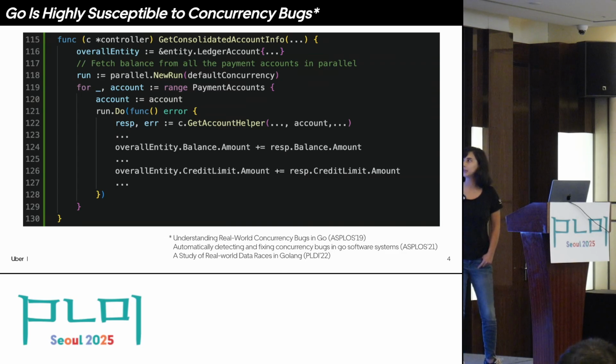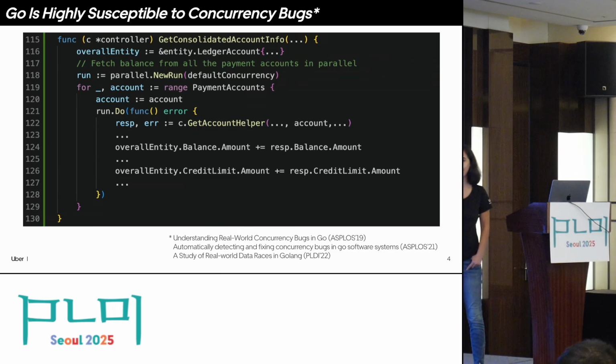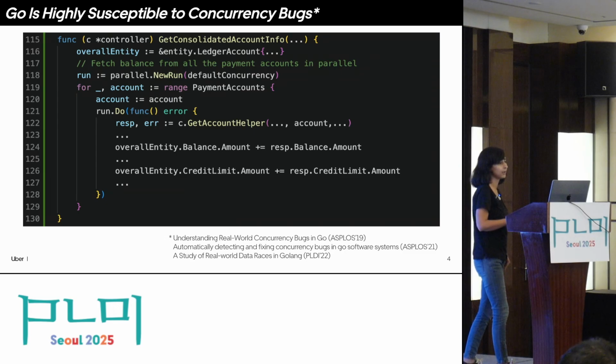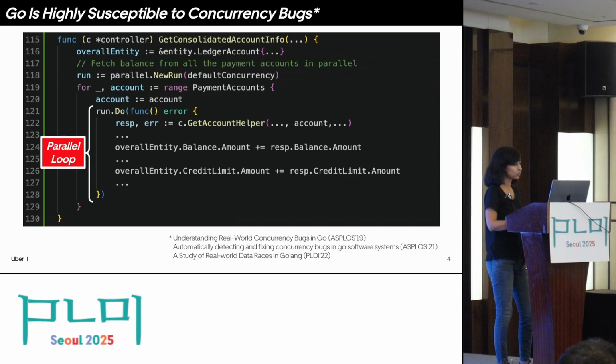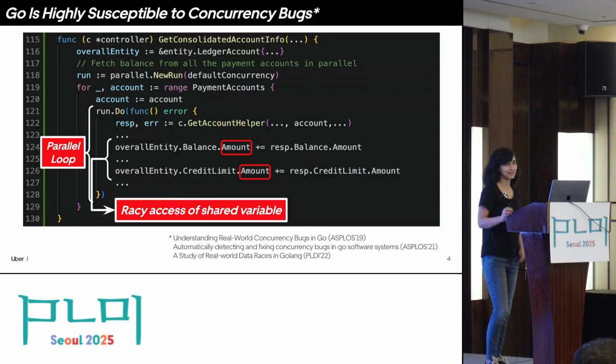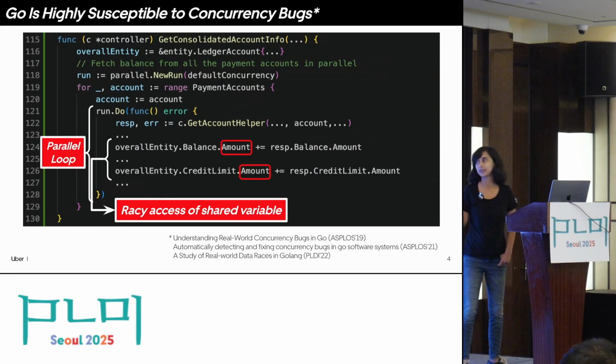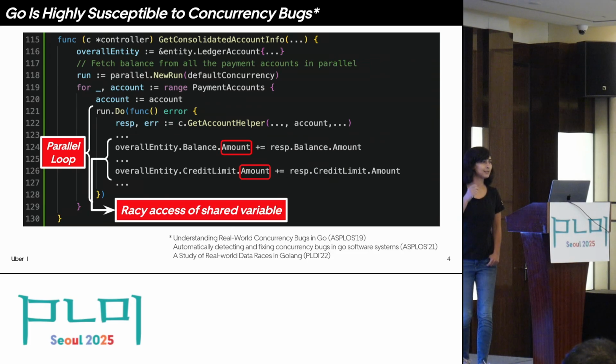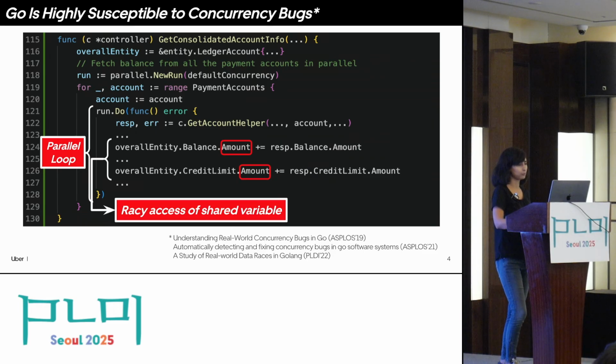You don't really need to know the details of the code, but at a high level, it's a function that fetches the balances from all the payment accounts in parallel. There is a parallel loop here, and there are two racy accesses of the shared variable, which could cause a data race. Now, let's execute this program together.